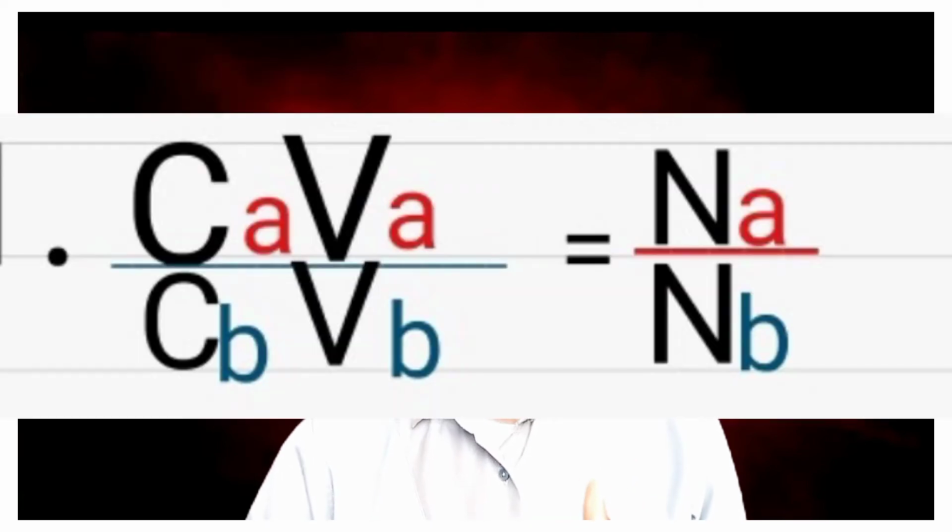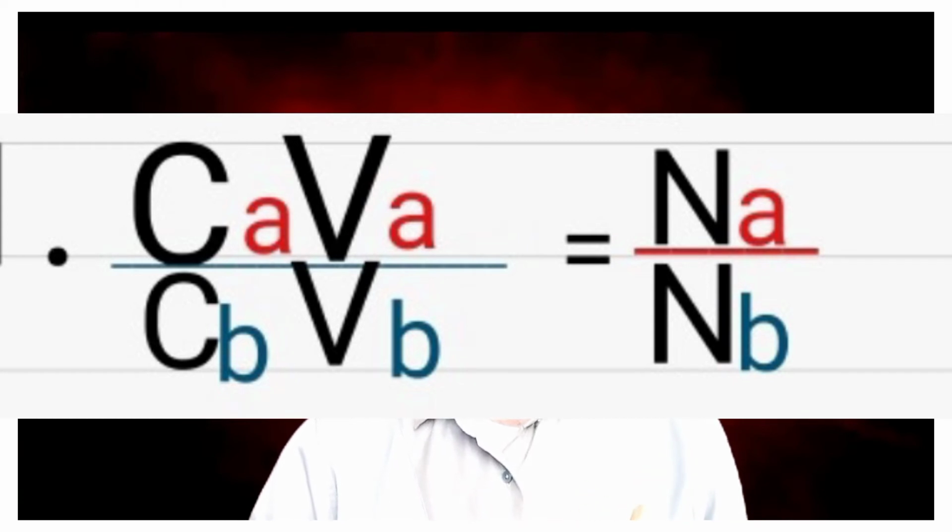The next step is to make Ca the subject of the formula. You know the trick here. Before, it was supposed to be Ca Va over Cb Vb is equal to Na over Nb.